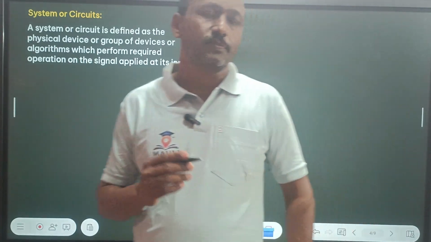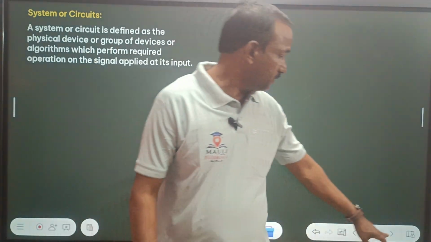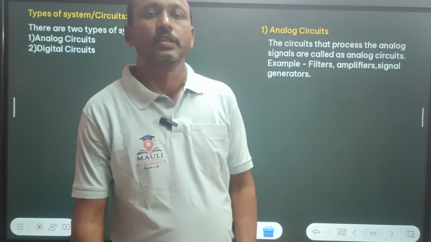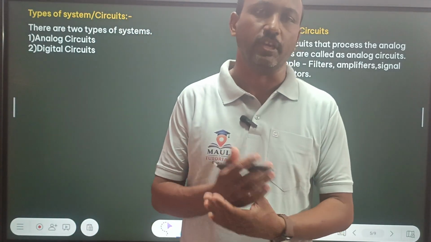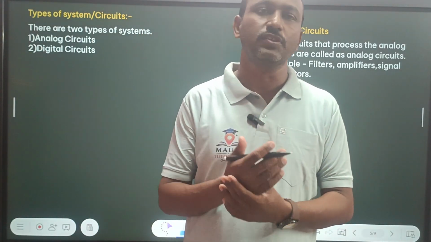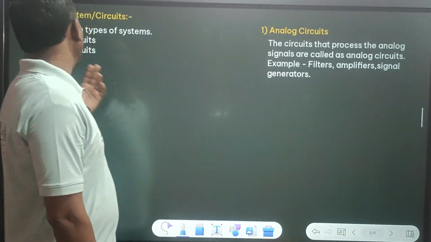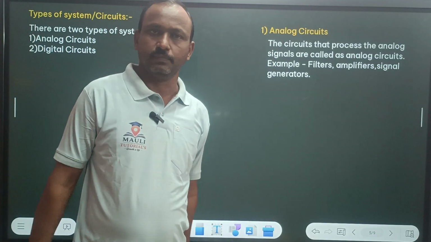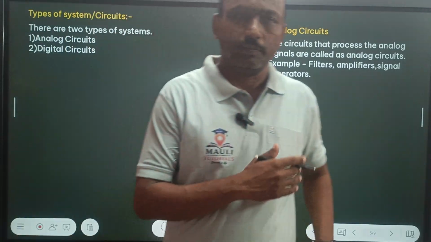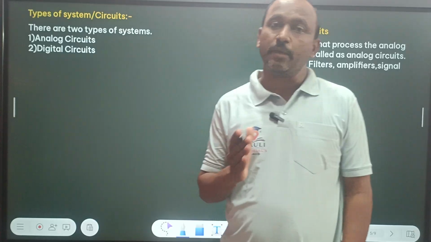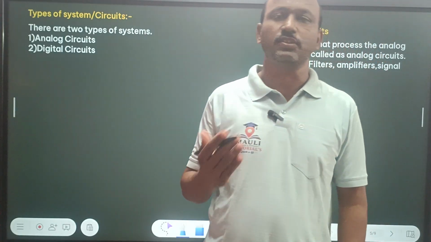Now we discuss the types of system. There are 2 types of system or circuit: analog system and digital system, or analog circuits and digital circuits. Before this topic we discussed the types of signal, analog signal and digital signal.